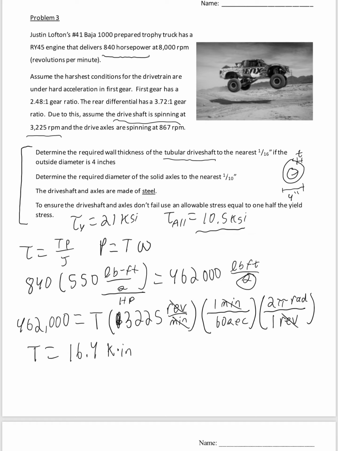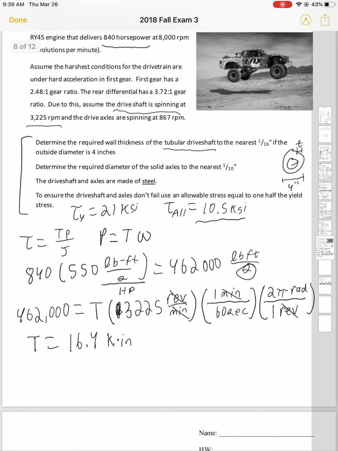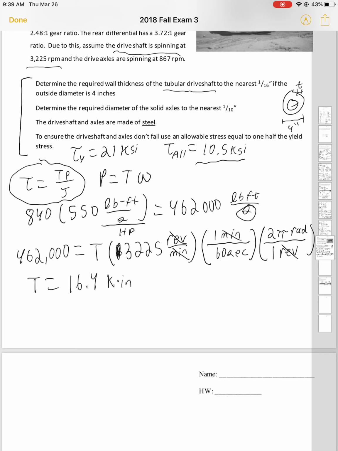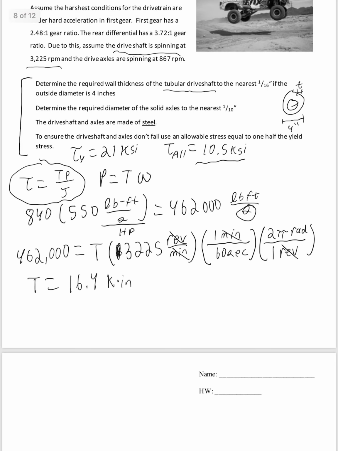So now that we have the torque, we can plug that into this equation now. So our shear allowable, we said, is 10.5. Our torque is 16.4, or we found that.